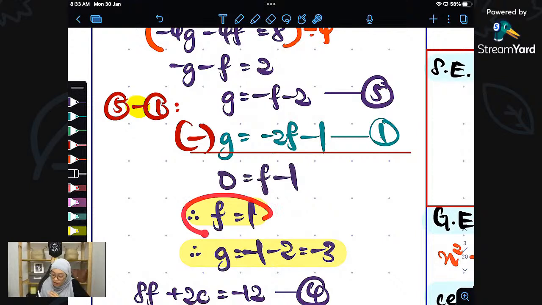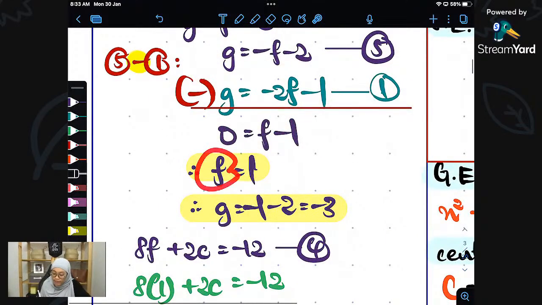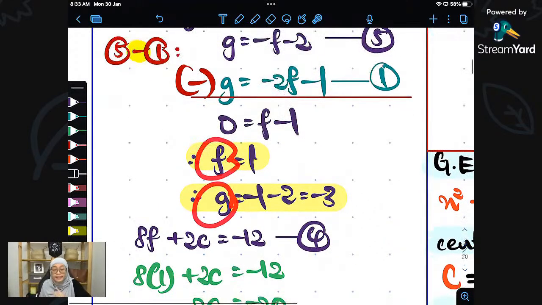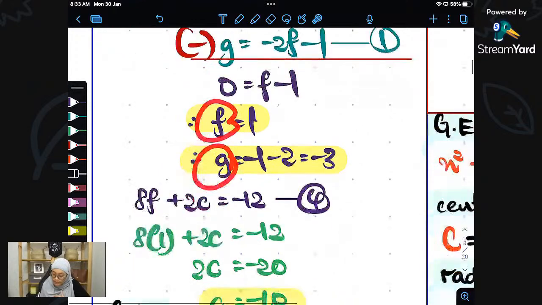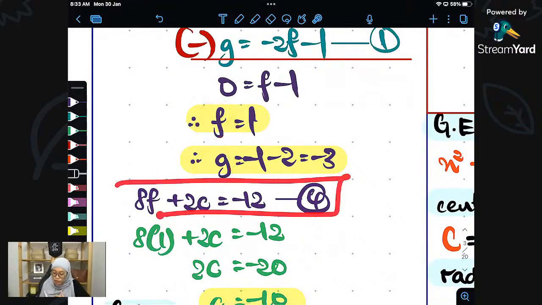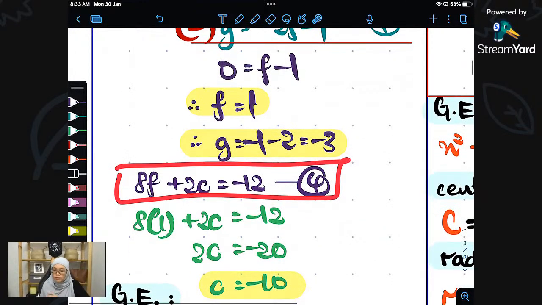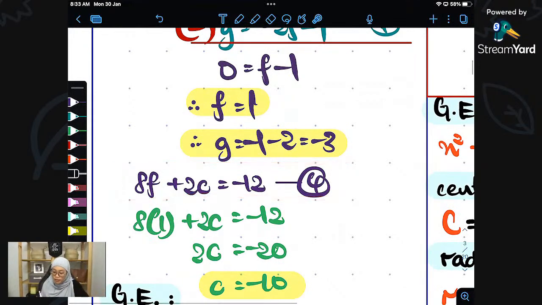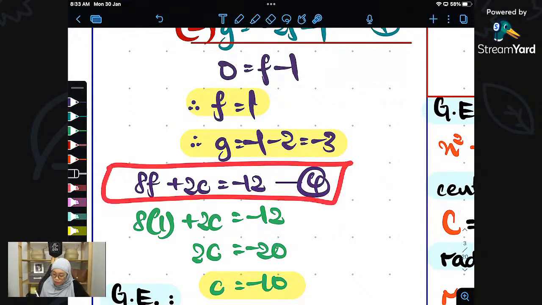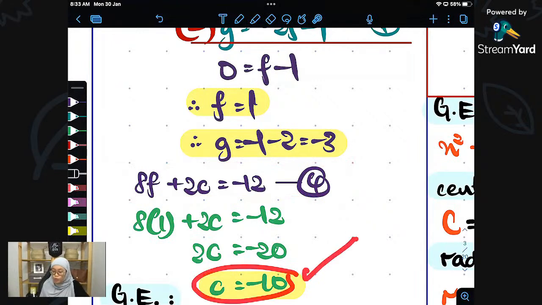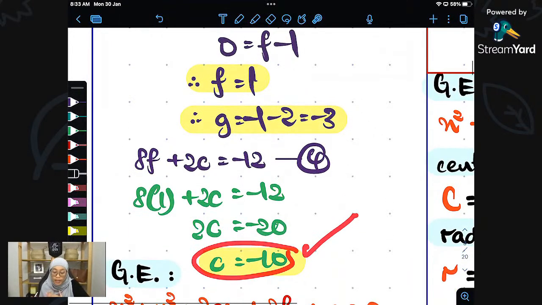Alright? And then if I have the F, I can get my G already. So I don't have to explain here. And then if I have my F and G, I can simply get my C. I just use any equation. You can pick any equation here because all equations have C. So just substitute and find your C. You will get the same value, which is negative 10.